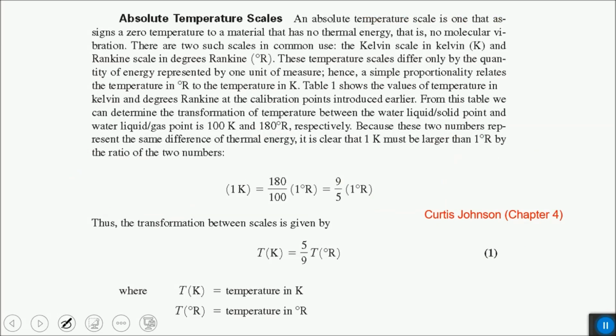The absolute temperature scale is one that assigns a zero temperature to a material that has no thermal energy, while a relative temperature scale is one that assigns a non-zero temperature value to a material that has no thermal energy. In case of absolute temperature scales, we have Kelvin and Rankine, and they can be interconverted using a predefined formula.